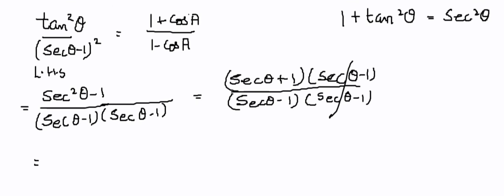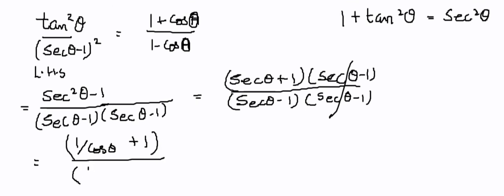Now we want cos, so I am just converting into cos. So here I can write 1 upon cos theta plus 1 and 1 upon cos theta minus 1.